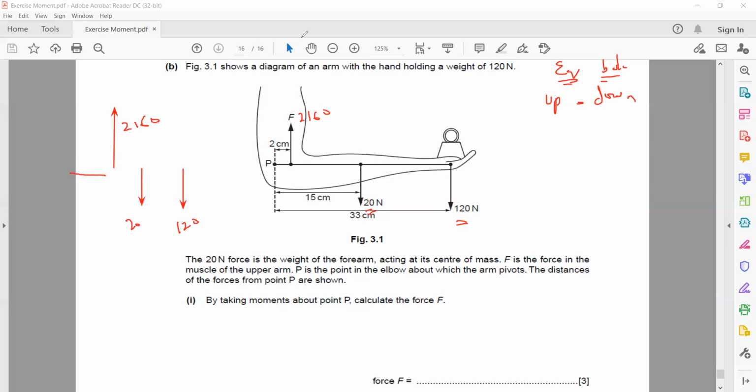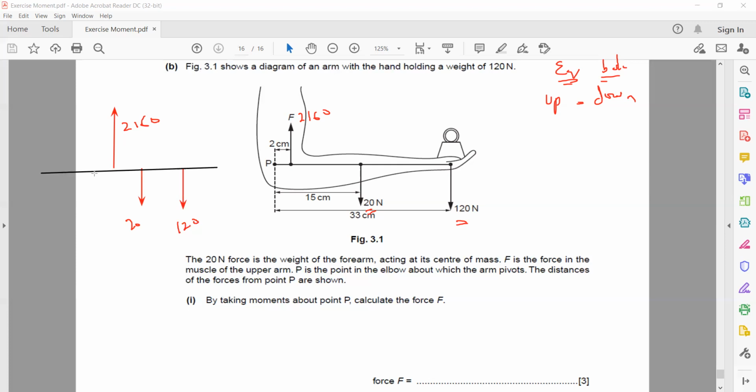If I want to balance the arm, like this black line representing the arm, which direction should there be another force to balance it, upward or downward? A force of 2160 is up, a force of 20 Newton is down and 120 is down.